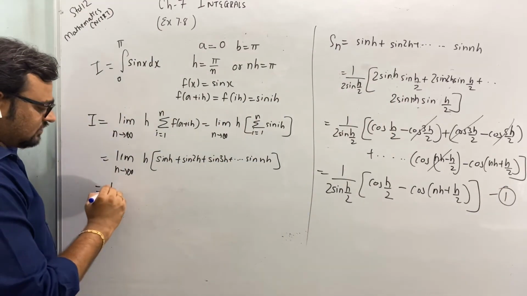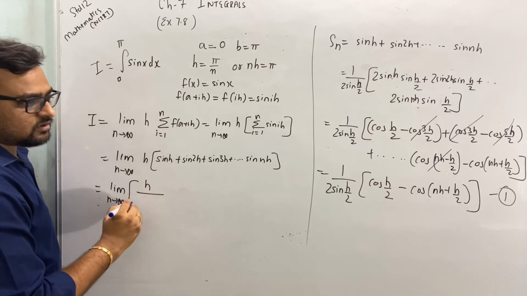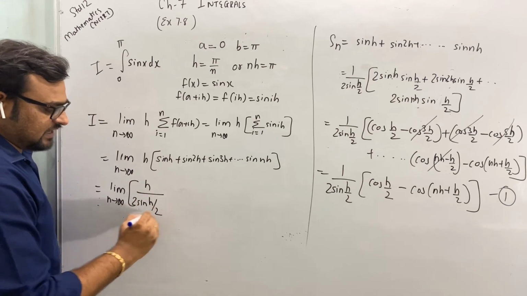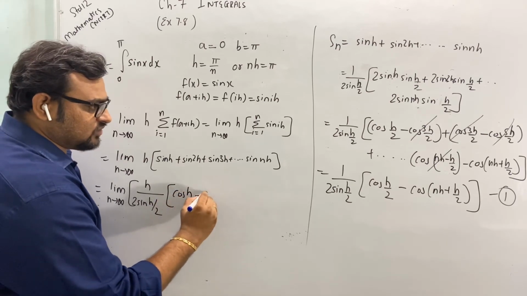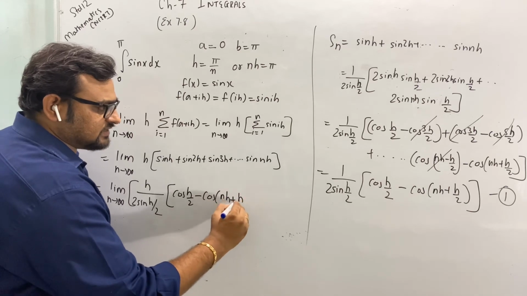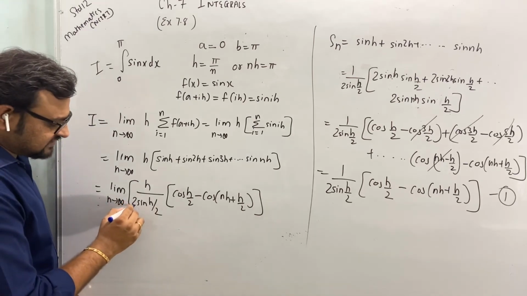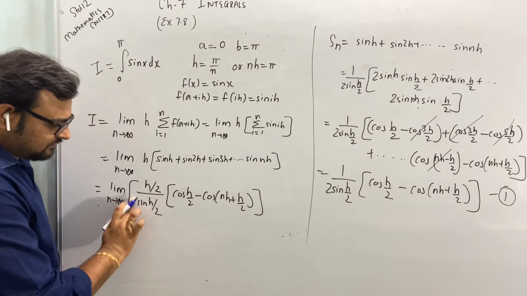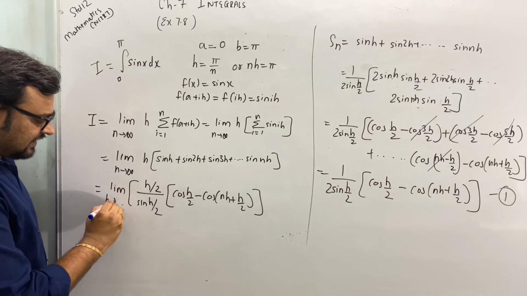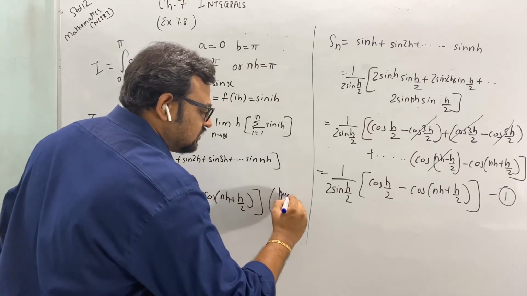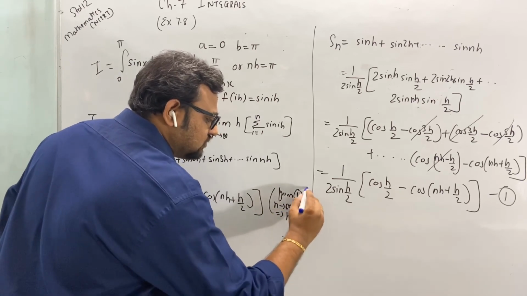So from 1, this will be h upon 2 sine h by 2, into cos h by 2 minus cos nh plus h by 2. Clear? Now, instead of n tends to infinity, I can write, from 1, that n tends to infinity implies h tends to 0.